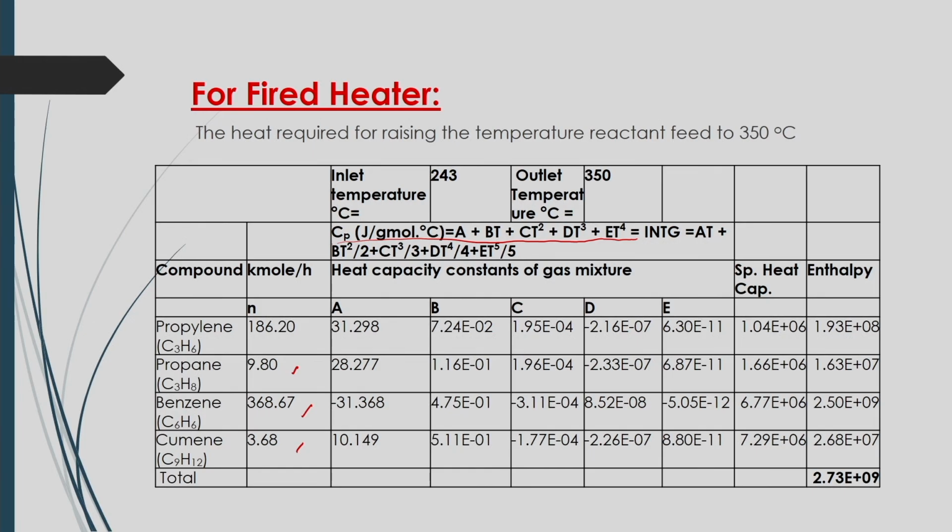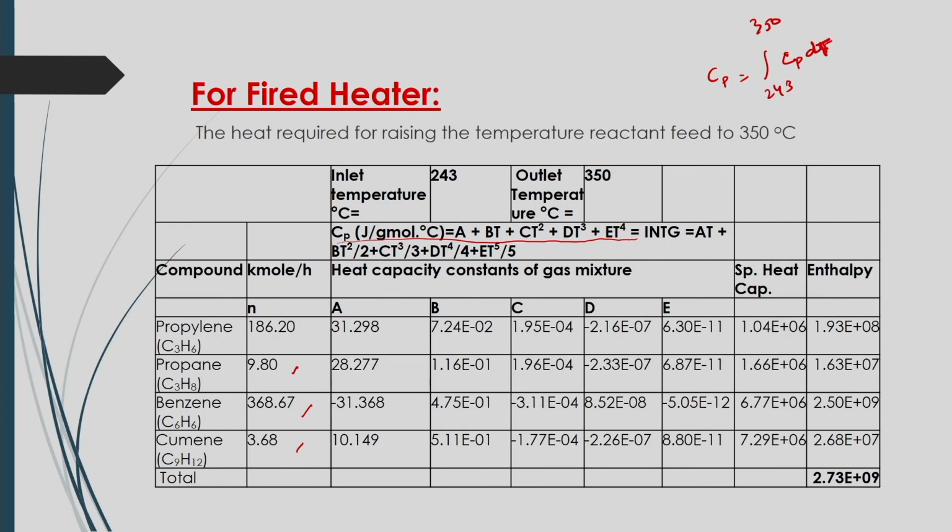For that, you have to calculate in this way: the specific heat for benzene will be equal to the integration within the limits of 243 to 350 degrees Celsius of Cp dt.